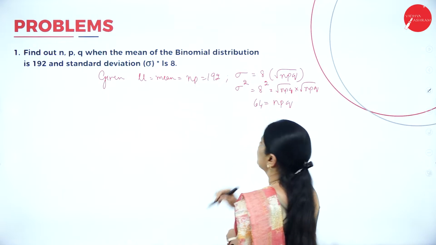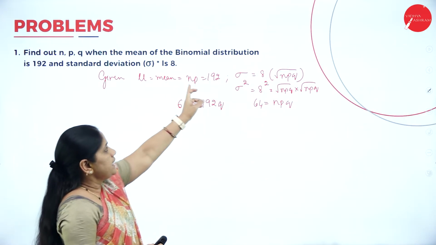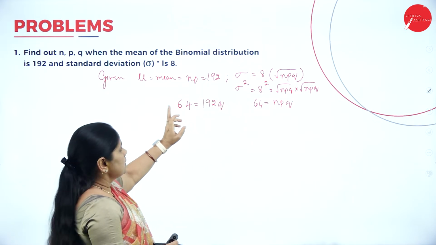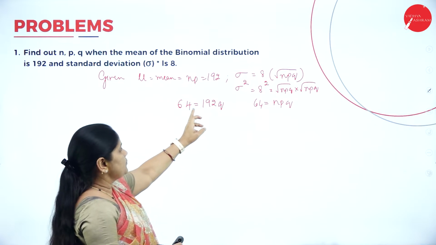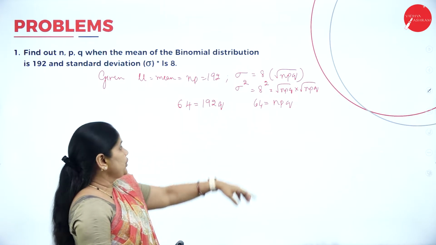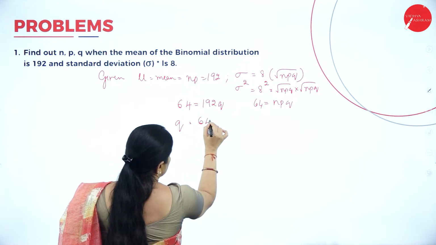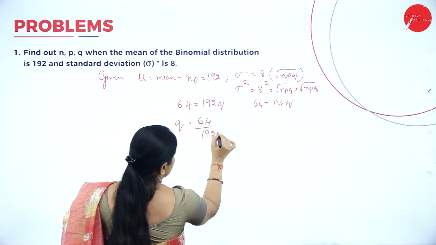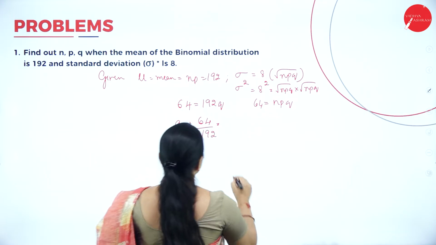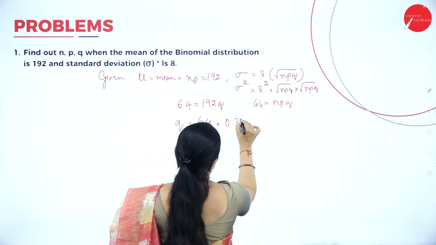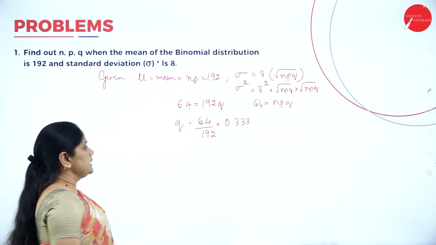So 64 equals npq. Now, since np is 192, and 64 equals npq, I can write 64 equals 192 into q. So q will be equal to 64 by 192, that will come up to 0.33.